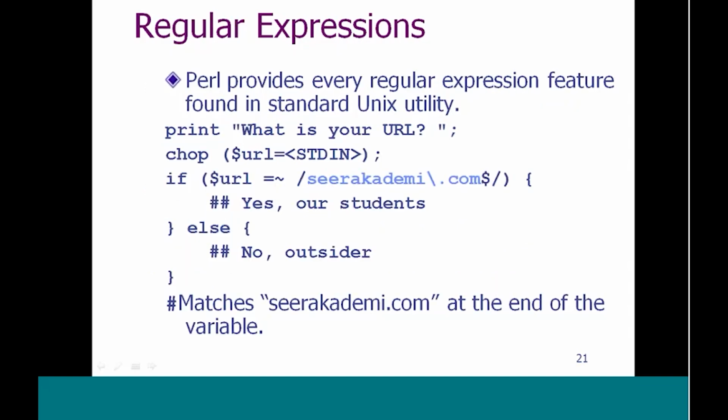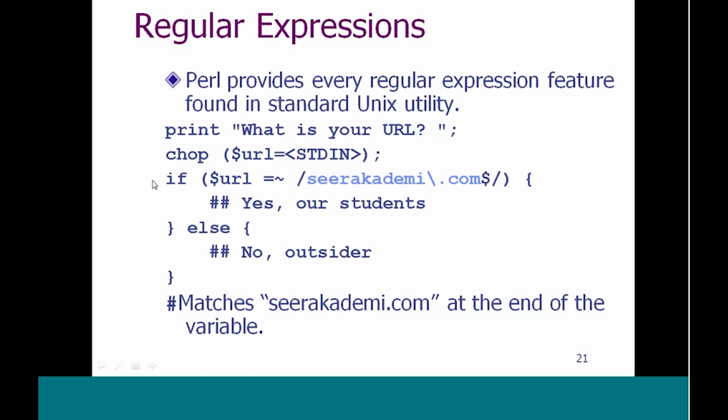So in this case, we are doing the chop again here on the dollar URL. First we are assigning the standard in to the dollar URL, that's the variable, and then we perform a chop, so it removes all the white space characters. So all you are left with is a non-white space character followed by a dollar.